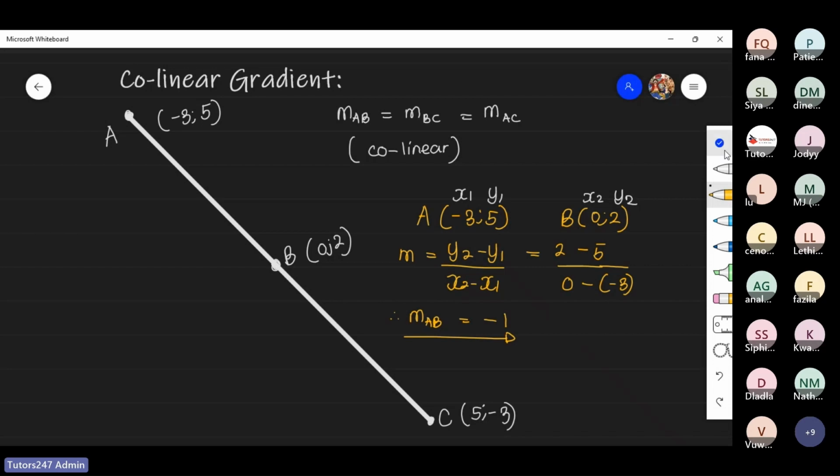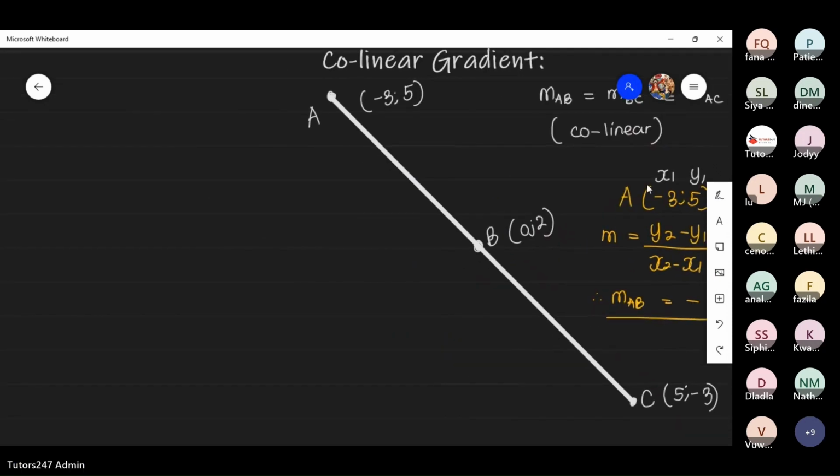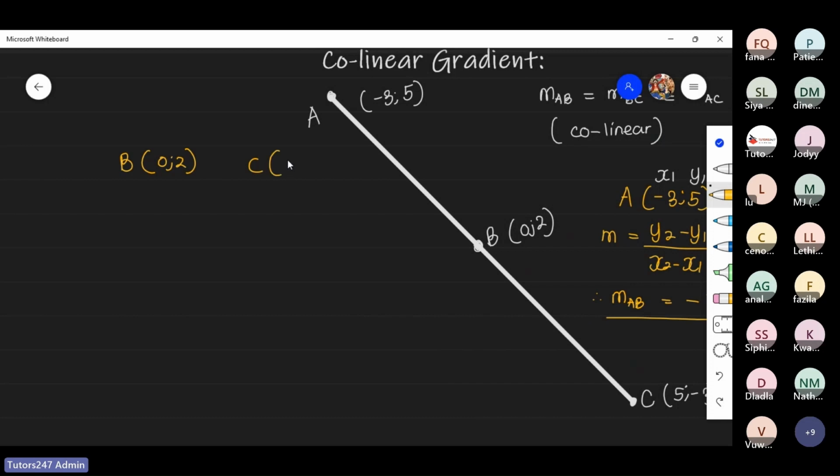Let us now calculate the gradient BC. Because we're calculating the gradient BC, we'll use the coordinate B, which is 0 and 2, and the coordinate C, which is 5 and negative 3. I'm going to make B my x1, y1 value and C my x2, y2 values. From here, I can put in my formula and substitute.